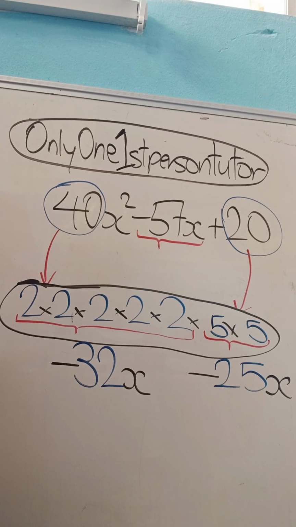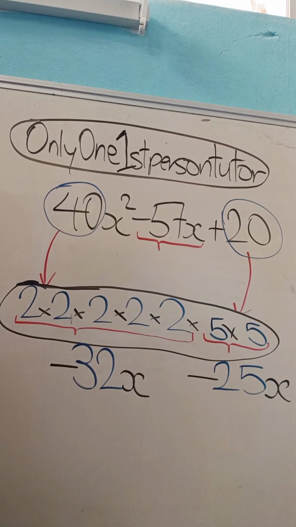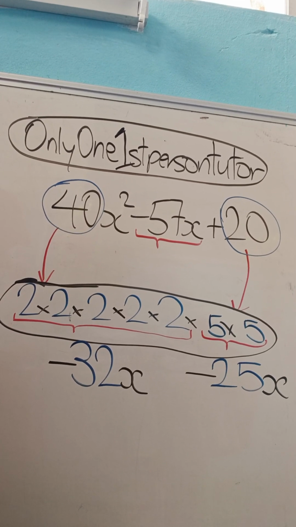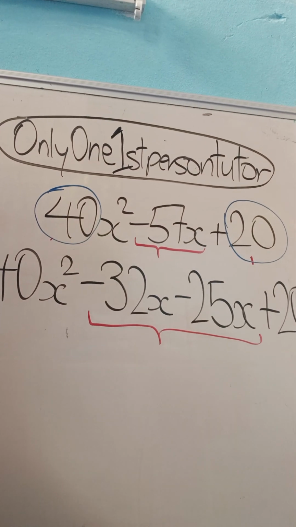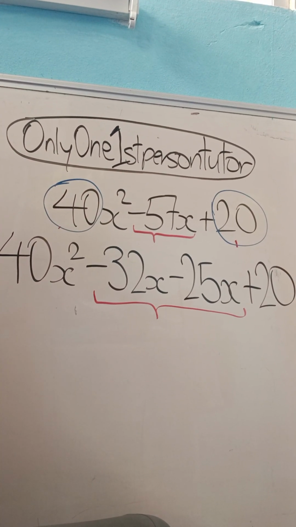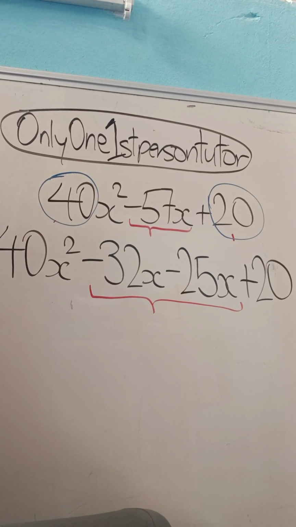So you'll have a 32x plus 25x. That would be a positive 57. So when both of them are negative, you will have a negative 57. So, ladies and gentlemen, feast your eyes on the board. Right? So you'll see the 32 and the 25, you add them, you get 57.